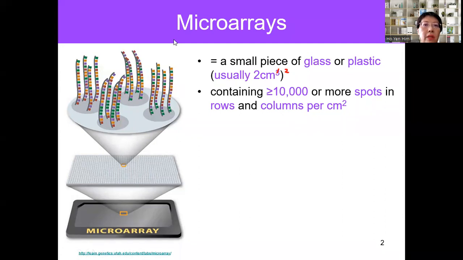Let's say this is 1 cm square, containing 10,000 spots in rows and columns.